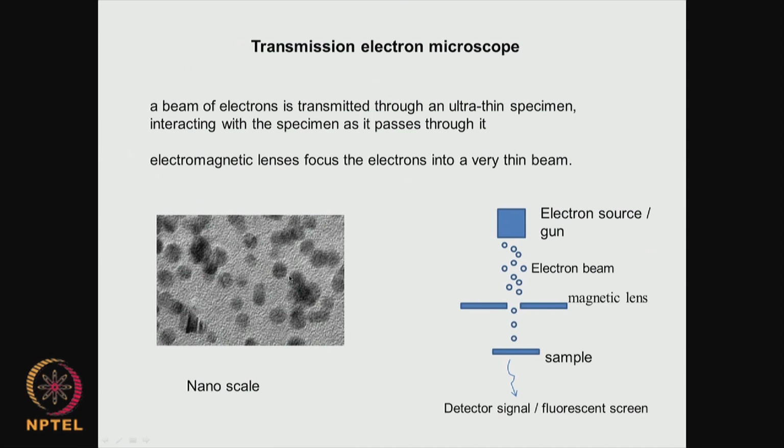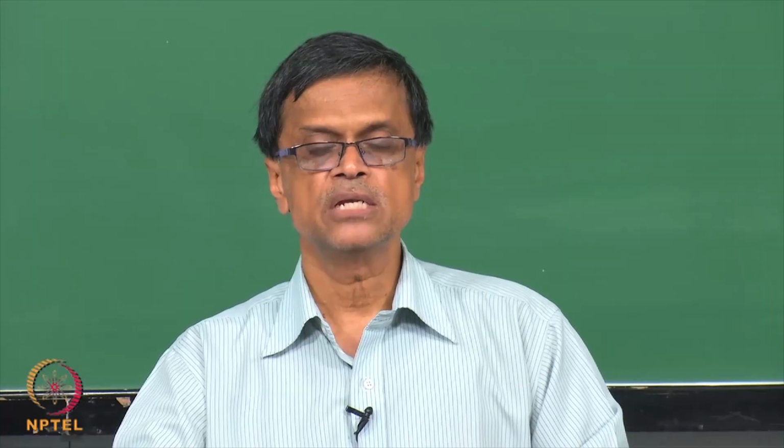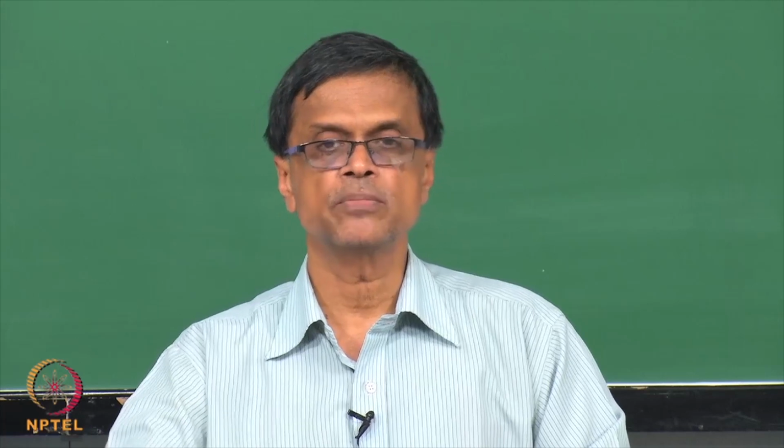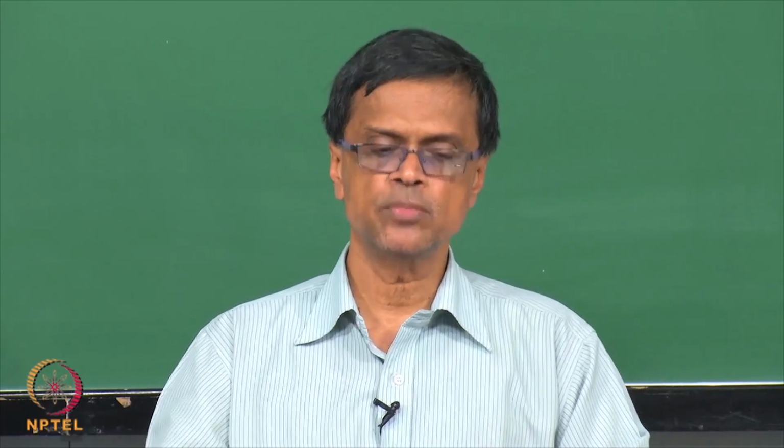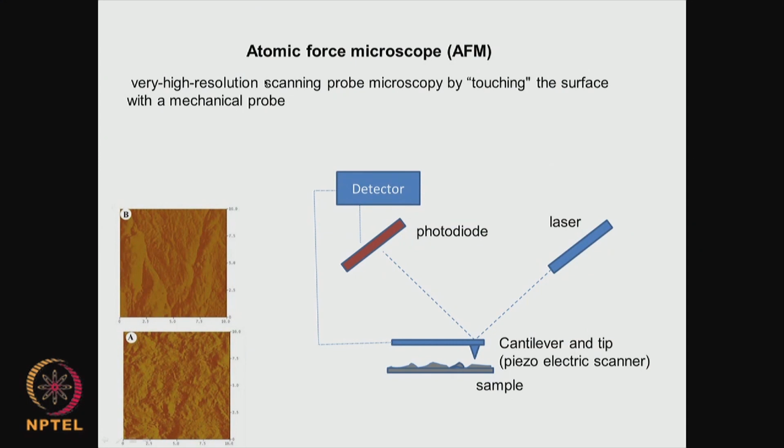If you want to see so nicely, we cannot use a scanning electron microscope, we need to use a transmission electron microscope. Then comes the atomic force microscope. Actually, the atomic force microscope is not really a microscope like light or SEM or TEM. It is very interesting.